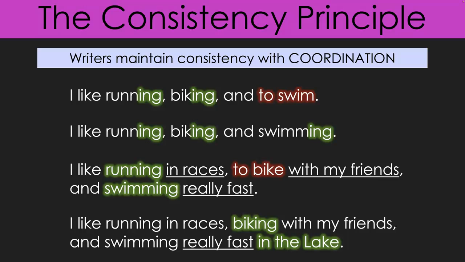So we could say, I like running in races, biking with my friends, and swimming really fast in the lake. Here we fix bike to biking, and we add a prepositional phrase so it maintains the same flow as the other one. If we want to say that we do it really fast, we can keep that. We just want to maintain the prepositional flow. Make sense? Because I'm using a coordinating conjunction, I want to keep everything in the same structure. This is also called parallel structure.